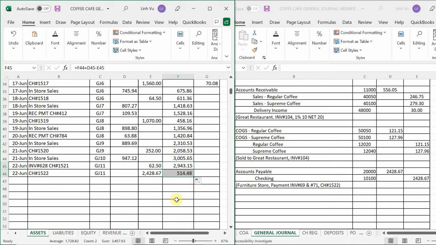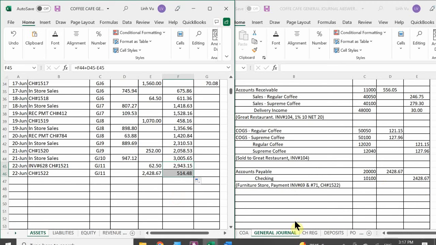We only have $514.48 left in our bank account. Okay, so we're kind of running low. We better make some sales to collect some money here. All right, what's next?